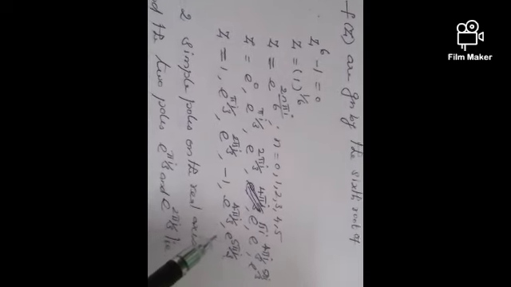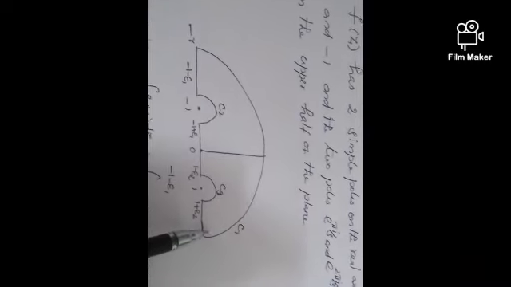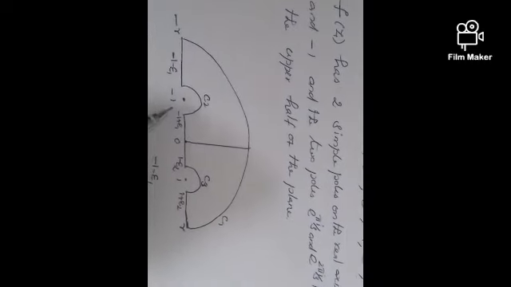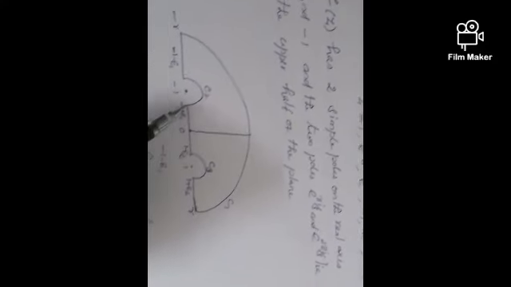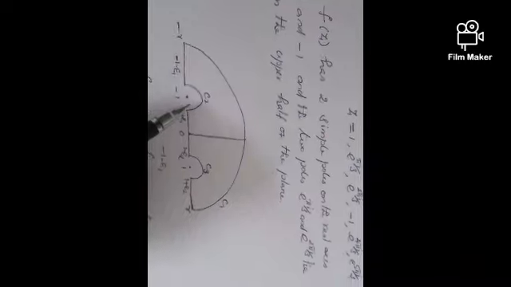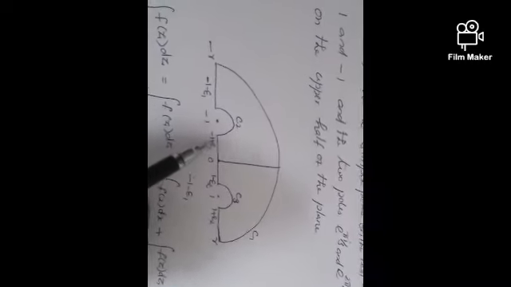Here 1 and minus 1 are simple poles lying on the real axis. Two poles lie in the upper half plane, and two poles are outside it. Therefore, we draw the contour: minus R to R on the real axis, C1 the upper half circle. With minus 1 as the center, we draw the small circle C2 with radius epsilon 1, from minus 1 minus epsilon 1 to minus 1 plus epsilon 1.